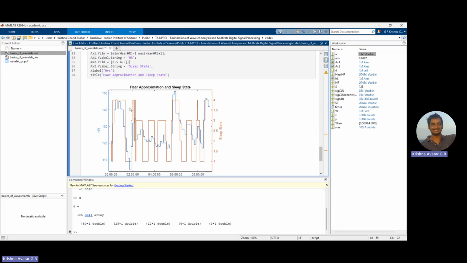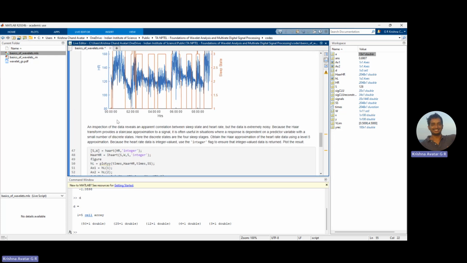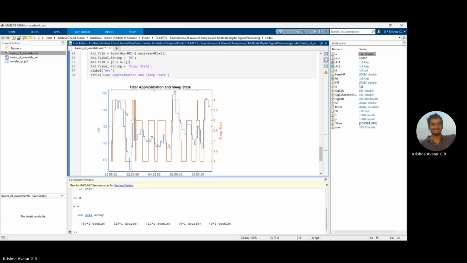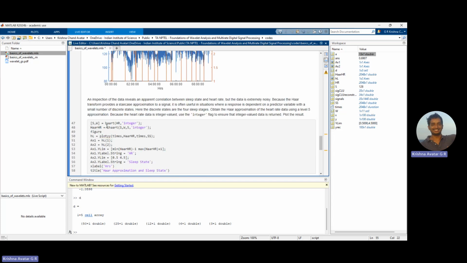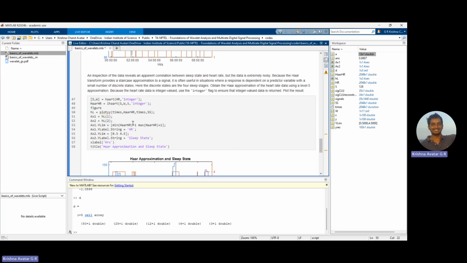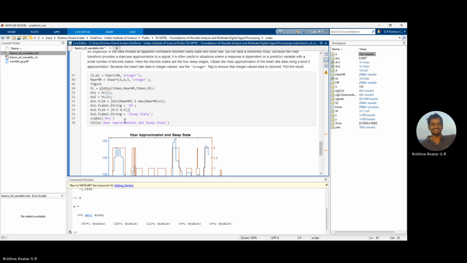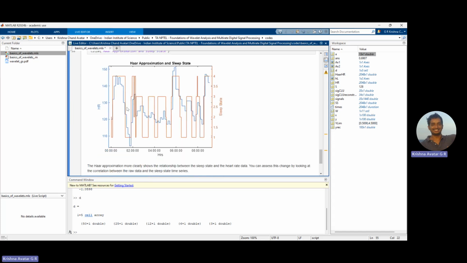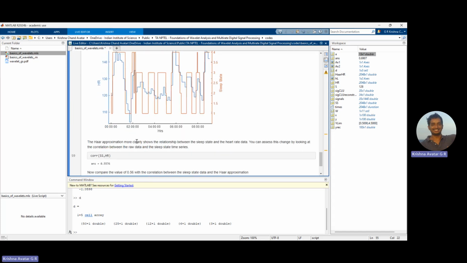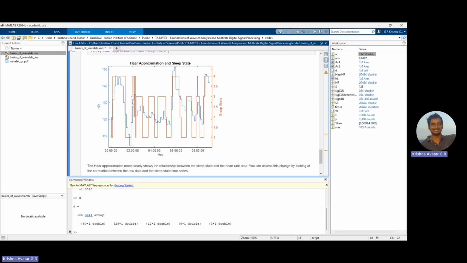what you see is we are plotting the Haar approximation of the heart rate along with the sleep state, and it shows that the approximation clearly shows the relation between the sleep state and the heart rate data.